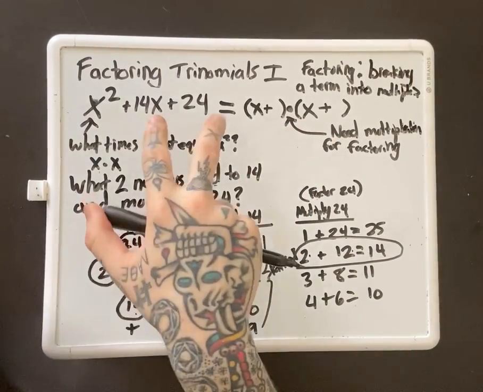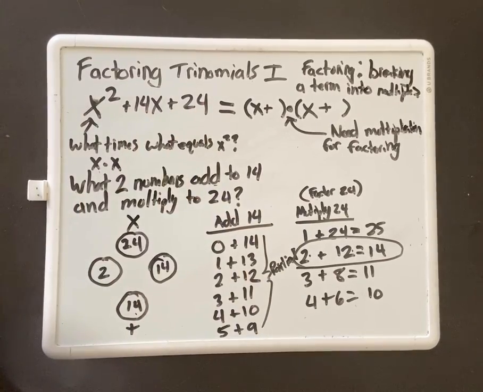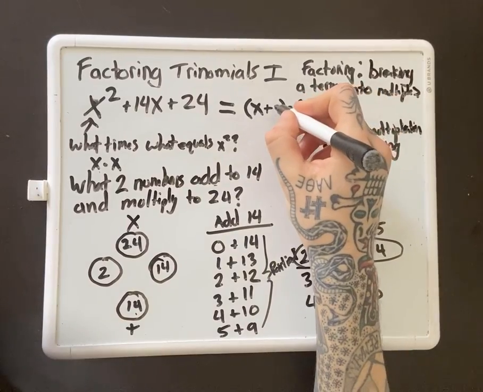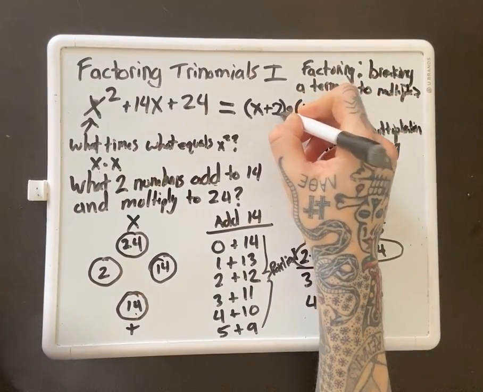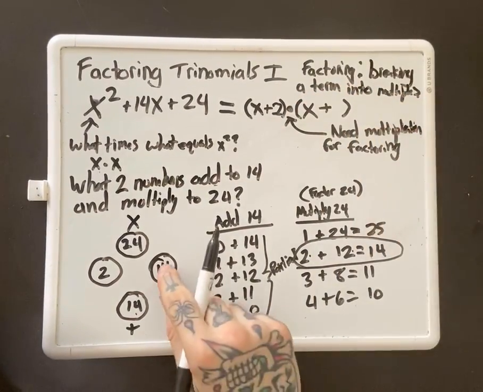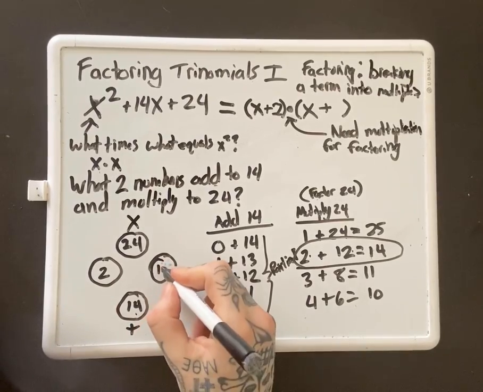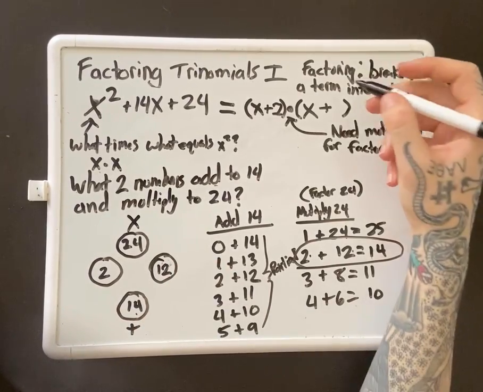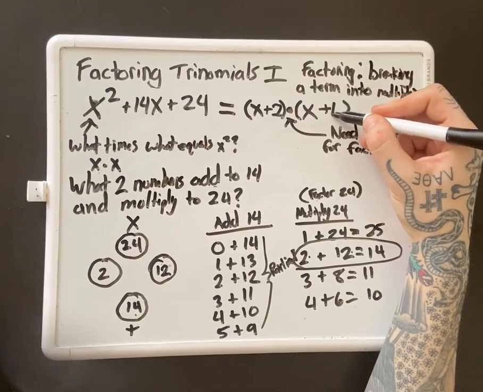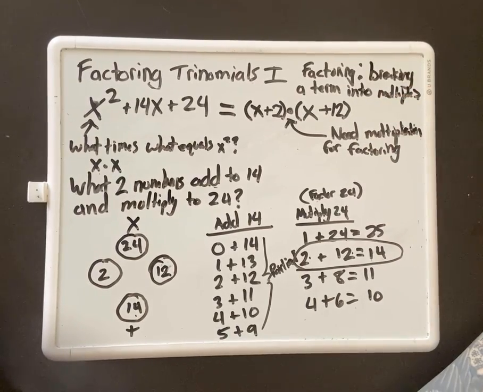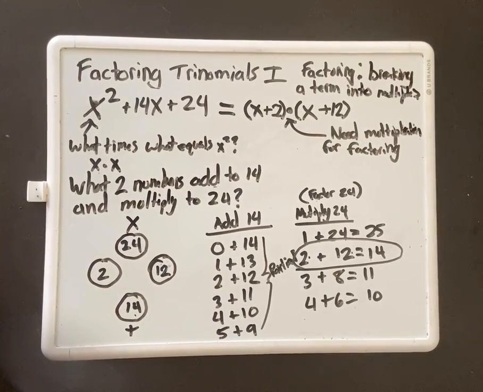So we use the two numbers from our original trinomial to come up with the numbers 2 and 12. It doesn't matter which order we put them in. Either way would produce the same answer. All right.